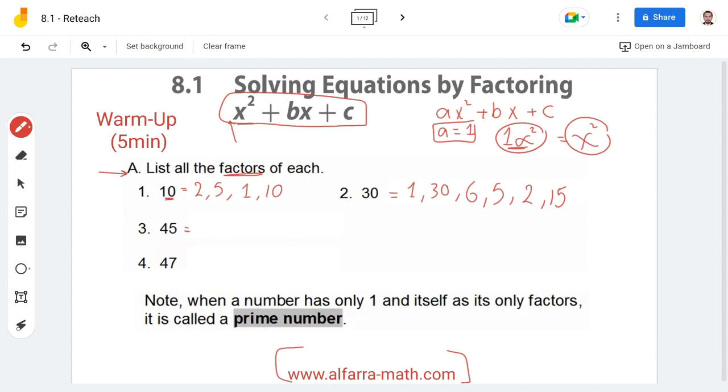Now how about 45? Same thing. We have 1 times 45, which is the easiest one. Do we have 2?